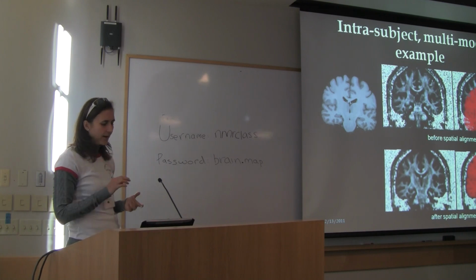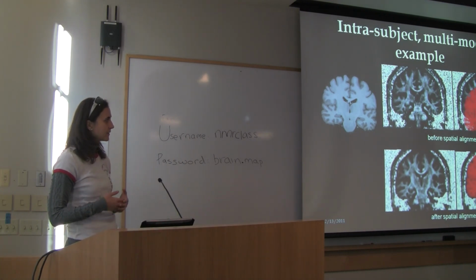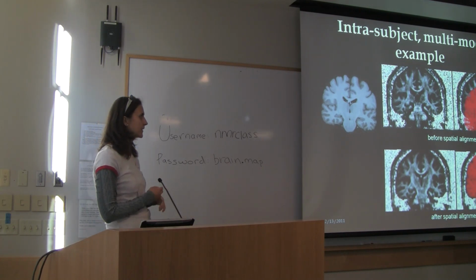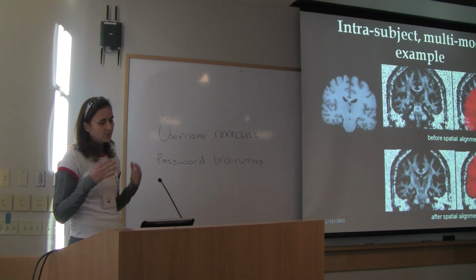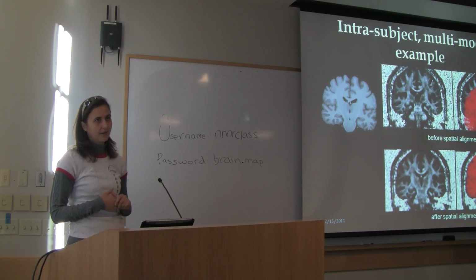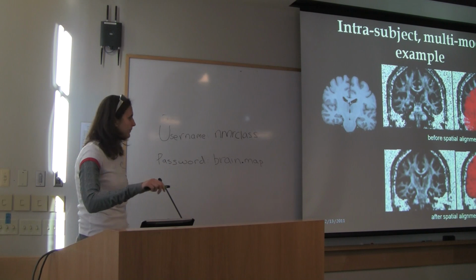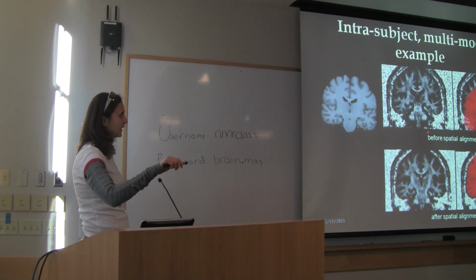So again, if you have the same subject but different acquisitions, even if the acquisition happened at the same time, the subject could have moved in between the imaging, or the images might have been taken at different times. So if you want to jointly analyze these images, you need to make sure that they are in the same spatial coordinate system. So on the top, I show you the images before spatial alignment.